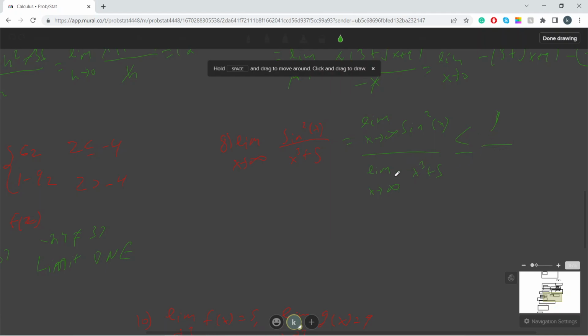And in the denominator, we see the limit as x approaches infinity of x cubed plus 5. What is happening down here? We have a cubic function that's growing to infinity. So when we're adding a large number cubed to 5, the 5 becomes very insignificant. Adding 5 to a really large number doesn't really do anything.